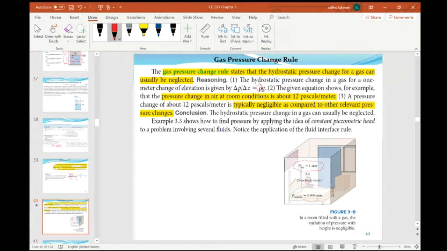As you go higher, it tends to decrease up to a point where you have almost vacuum. By vacuum, I mean you don't have air, zero air is existing there. So the pressure change with elevation for gas is negligible. That is the bottom line.